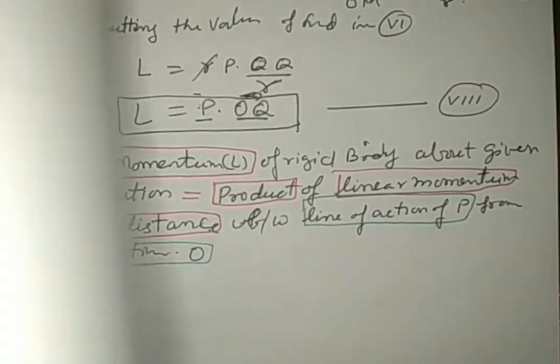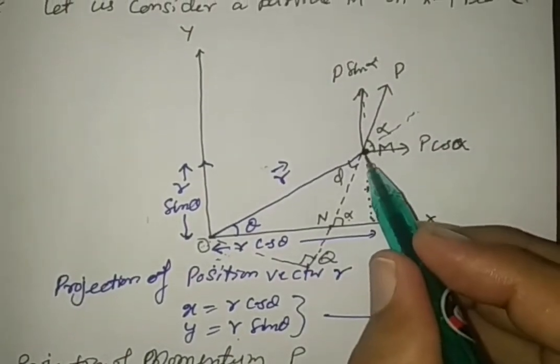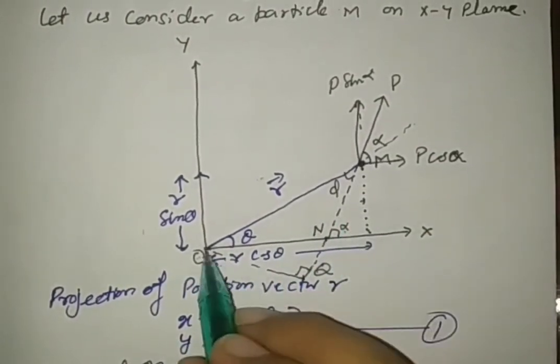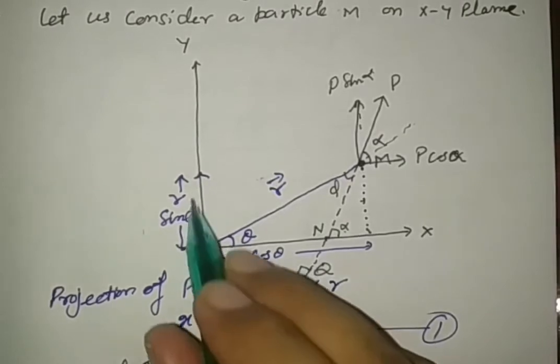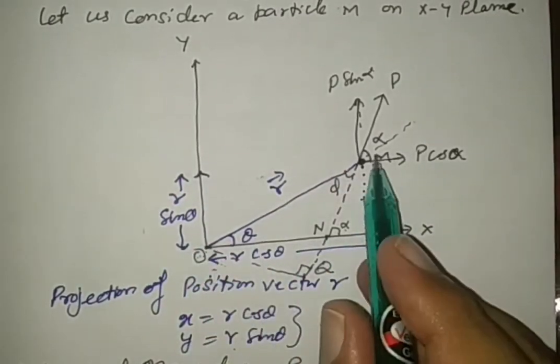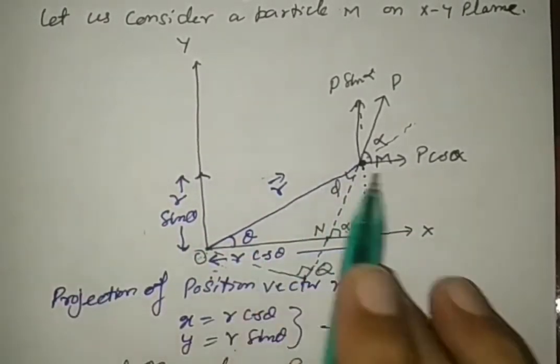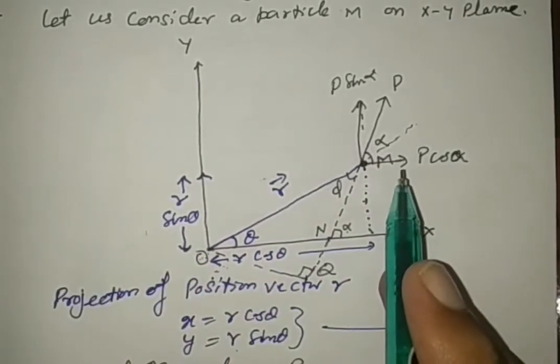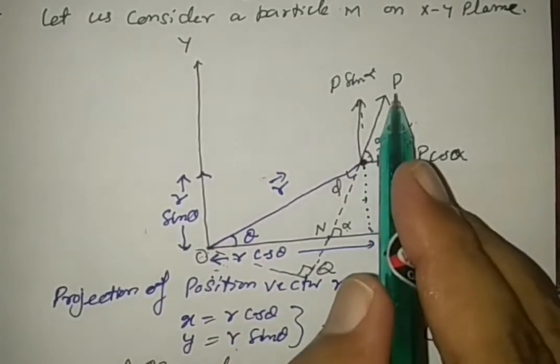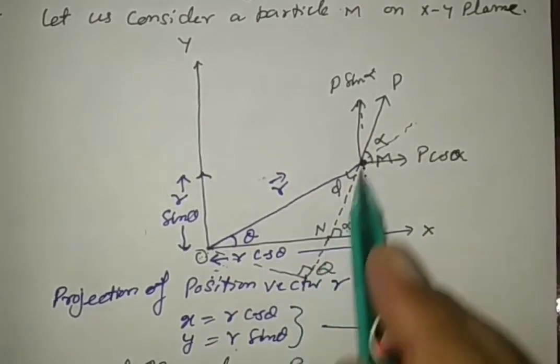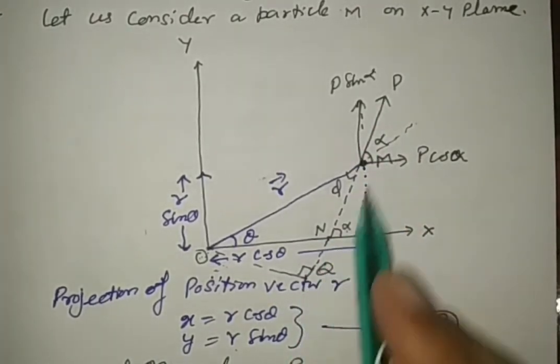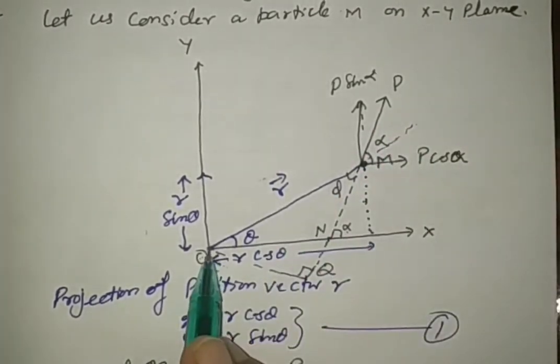See in the diagram, particle m is rotating along this axis of rotation here given, passes through O. It rotates in a circular path, right? So this straight line is the line of action of P, and this is the axis of rotation.